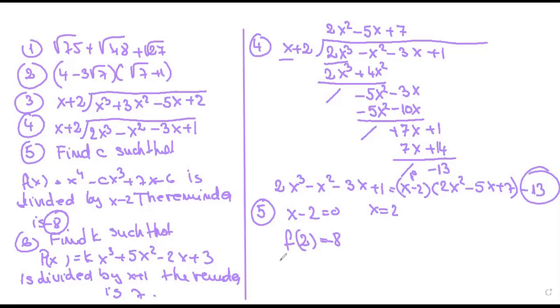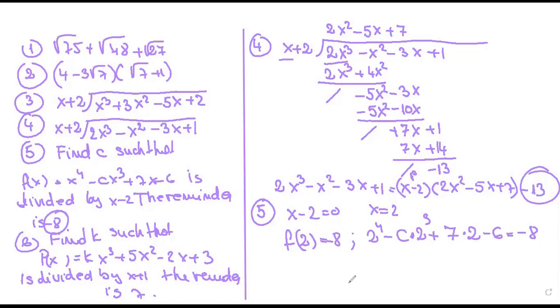Good. So f of 2 is 2 to the power of 4 minus c times 2 to the power of 3. That's multiplication. Plus 7 times 2 minus 6 equal negative 8.